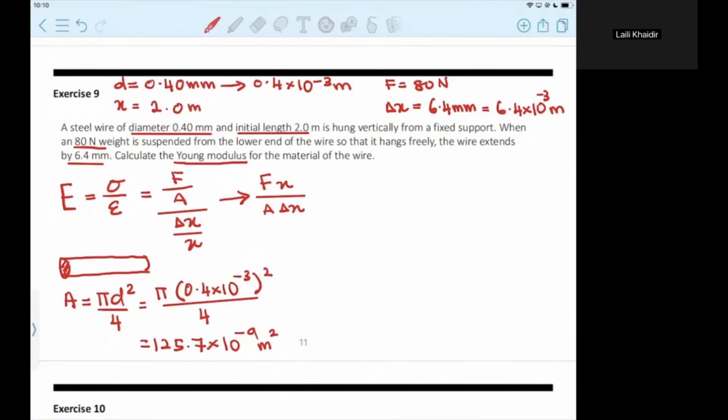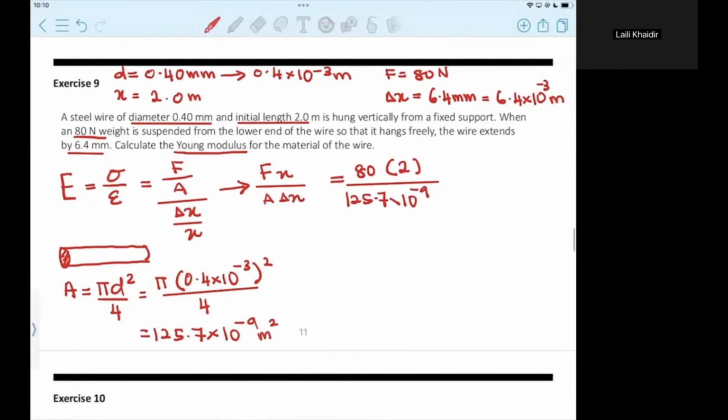So we have the value of A, then we substitute the values into the equation of Young modulus. Force is 80 Newton times the initial length, which is 2 meters, and then we have our area, 125.7 times 10 to the power of -9, with our extension 6.4 times 10 to the power of -3.